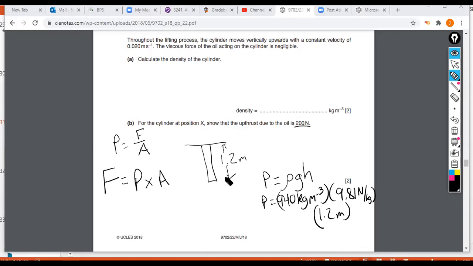And we were given the area of this cylinder right here, right? So this is just going to be the product of 940 kilograms per cubic meter, the given density of the oil, 9.81 newtons per kilogram here on Earth, 1.2 meters, which means there's a change in pressure from the top of that container to the bottom of the cylinder.